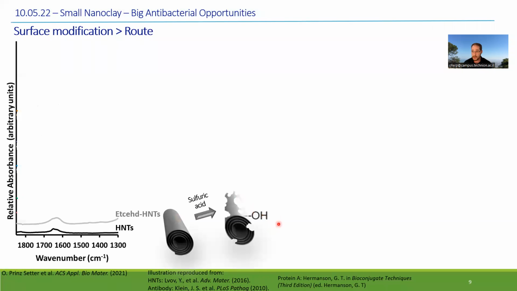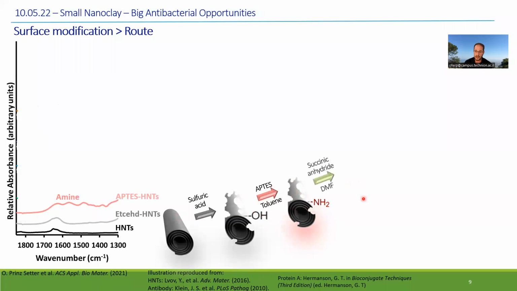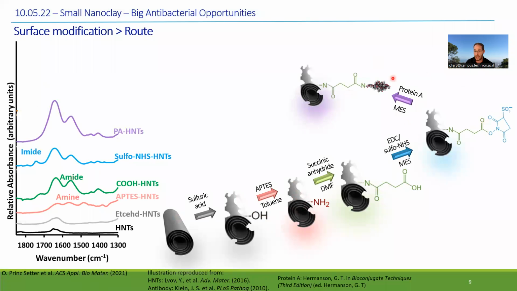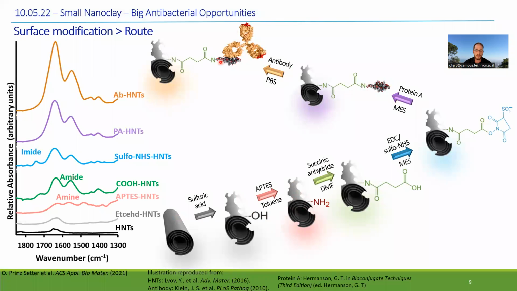The exposed hydroxyl groups are then aminosilanized for higher chemical activity, carboxylated for higher hydrophilicity, and then using a rapid sulfo-NHS reaction, we conjugate protein A onto the surface of the HNTs. This protein acts as an anchor for antibodies to be immobilized in a correct orientation onto the surface of HNTs.